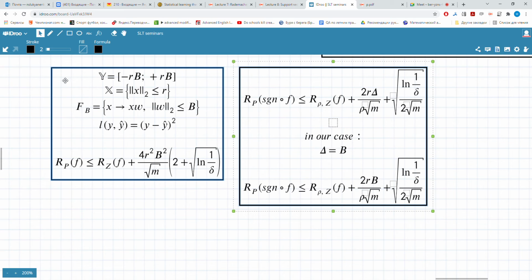I want to say that we haven't touched one part that we use, with the value of this type of loss function.